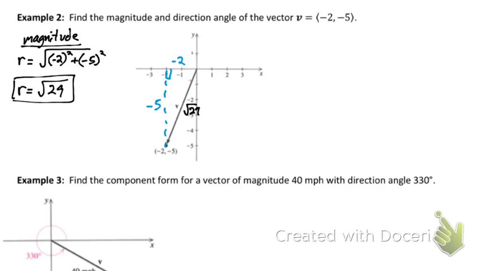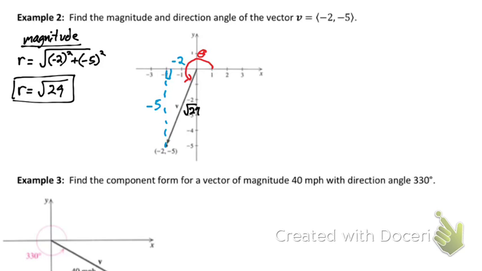It also says I need to get the directional angle. The directional angle, just like the unit circle, is how big this angle is from the bottom of quadrant 1. So I'm looking for this angle here. I'm going to call that theta. Well, I can't jump straight to theta in this one.